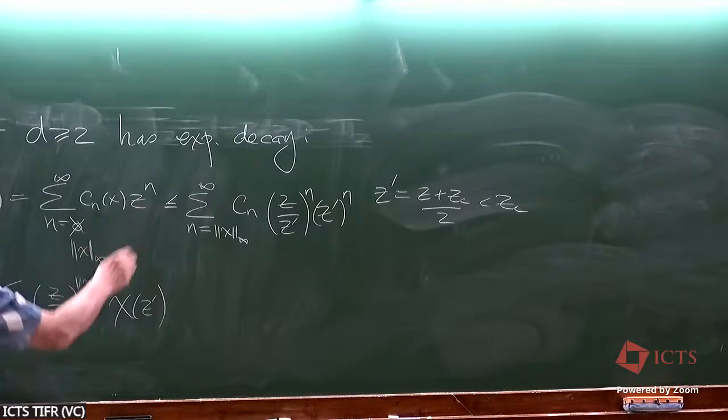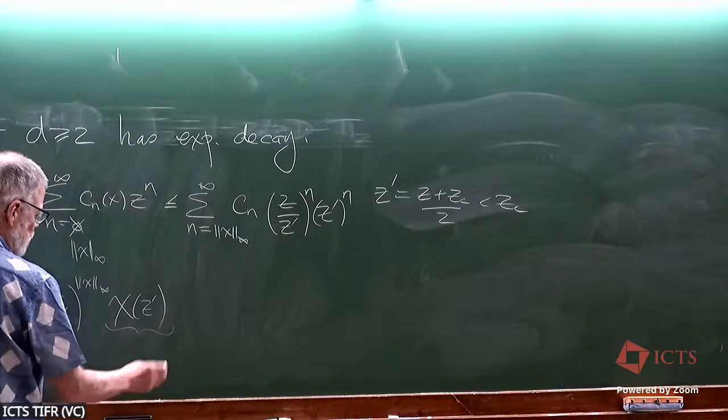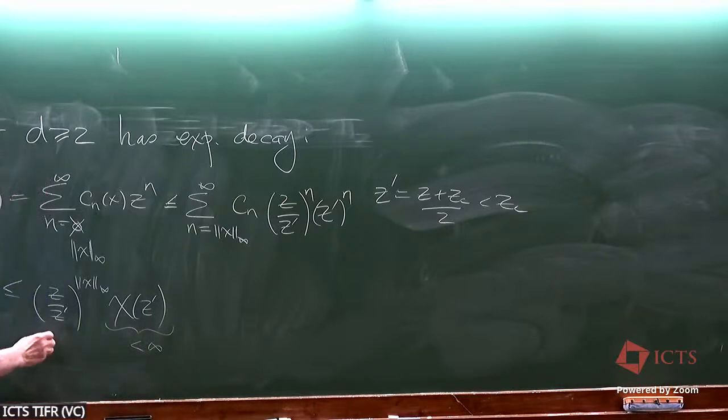And because z prime is less than z_c, this is finite, and this z over z prime is less than 1. So I have exponential decay. Okay, easy.